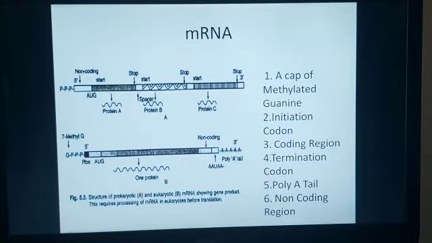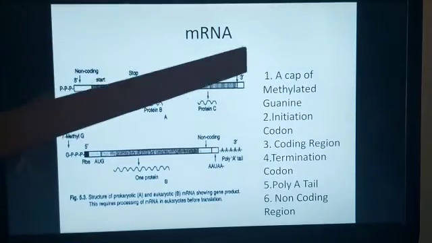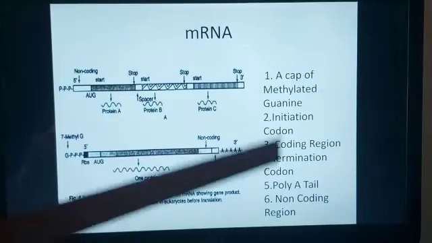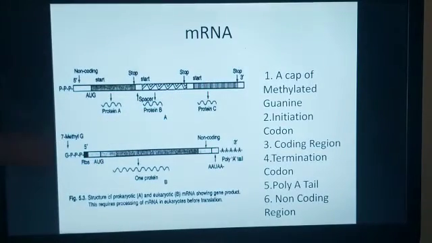Here you can see the structure of eukaryotic and prokaryotic mRNA. This is your prokaryotic mRNA and this is eukaryotic mRNA. The mRNA structure has various parts. First is a cap of methylated guanine.